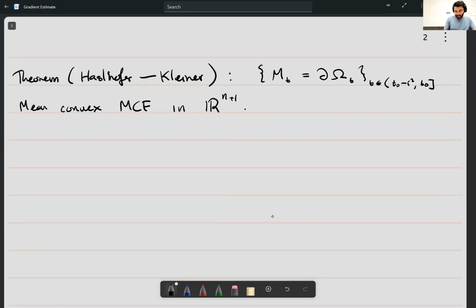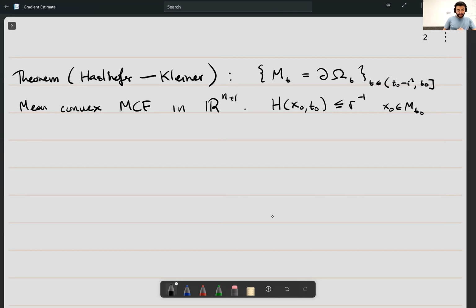Now, suppose you have h at some fixed point x0, t0, less than or equal to r inverse, at some x0 in M. Oh, sorry, I need another condition.